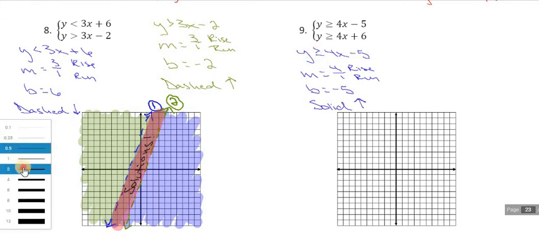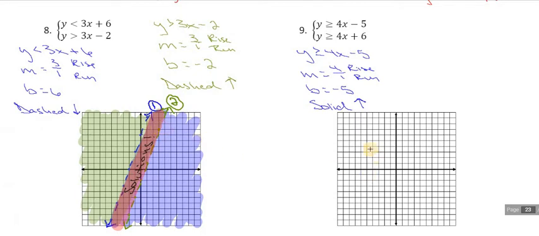So getting our plotting tools ready. Begin with the b at negative 5 on the y. And rise 4, run 1. Rise 4, run 1. Also go down 4, left 1.